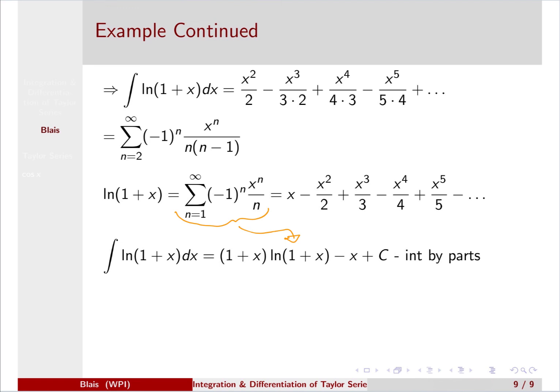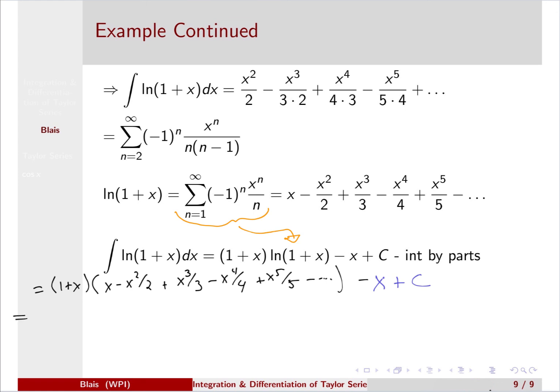So if we do that, we get 1 plus x times this expression here, or x minus x squared over 2 plus x cubed over 3 minus x to the 4th over 4 plus x to the 5th over 5, so on and so forth, minus x. So don't forget our other terms outside here. So we now need to FOIL this out.